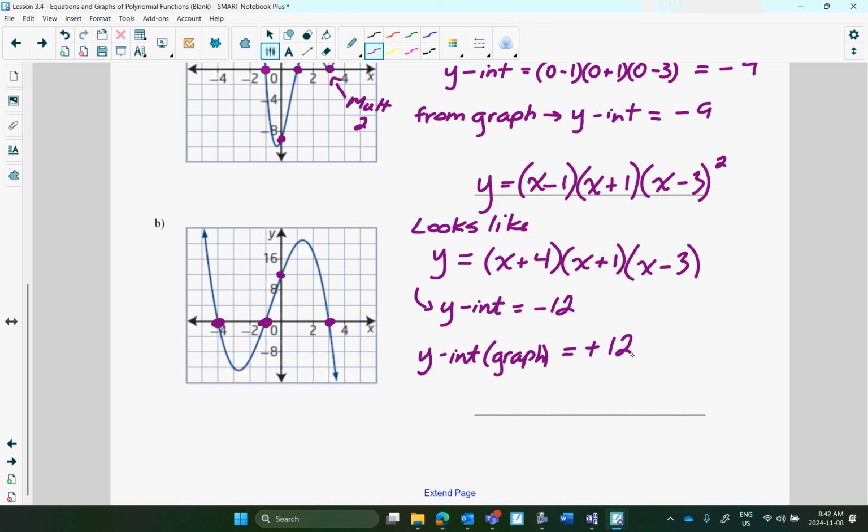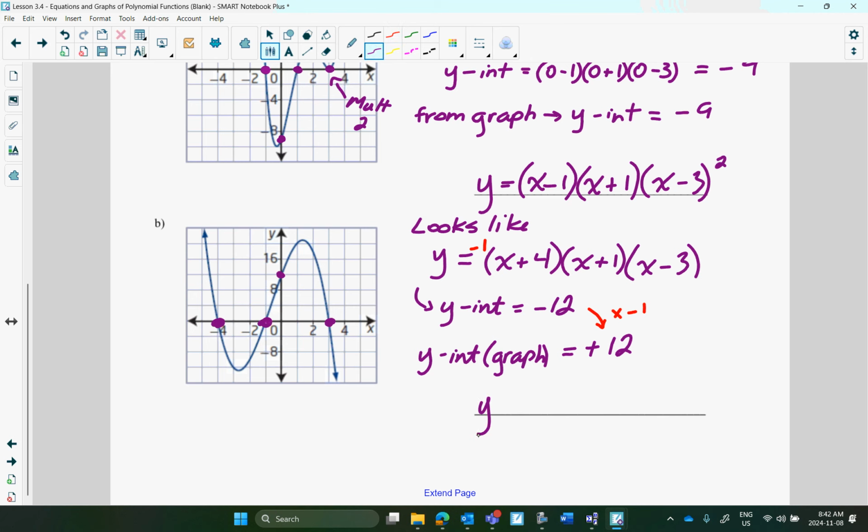Because this is the correct one, right? Because according to the graph. Negative 1. So I'm going to have to times by negative 1 to get that, which means I'm going to put a negative 1 in front. So that's what I mean by sometimes you might have to make a correction so that the y-intercept from what you think it is matches what it actually is.